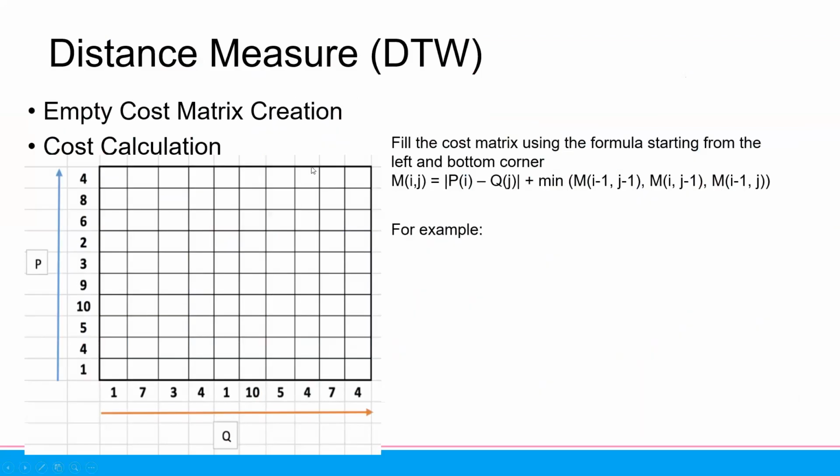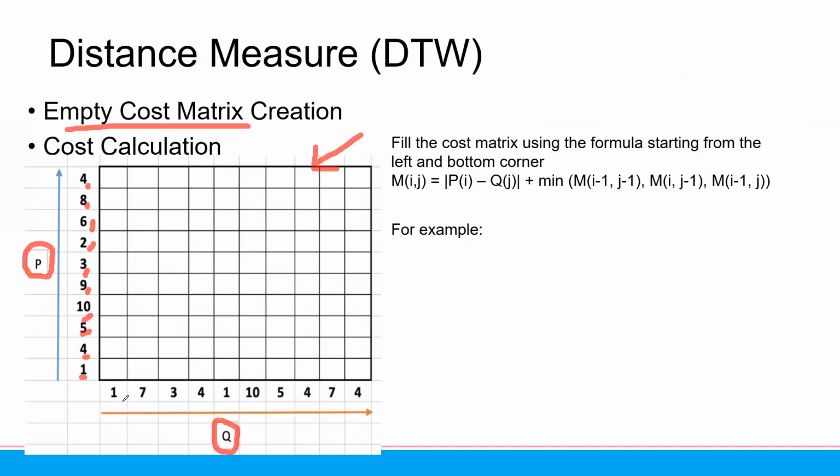So we are making an empty cost matrix. So the cost matrix, this is initially empty. So we have P and we have Q, and we put the data like 1, 4, 5, 10, 9, 3, 2, 6, 8, 4.